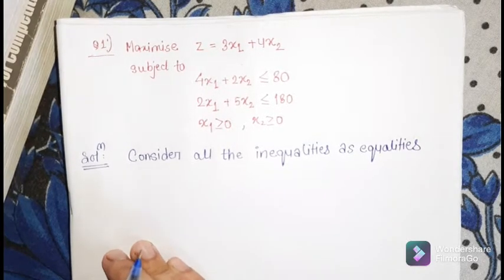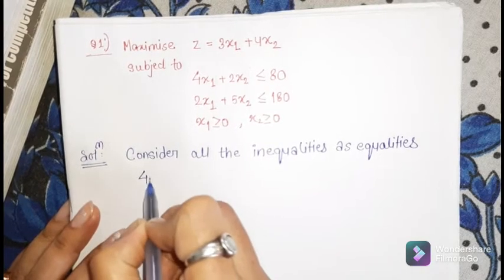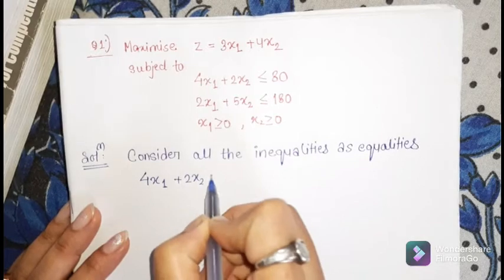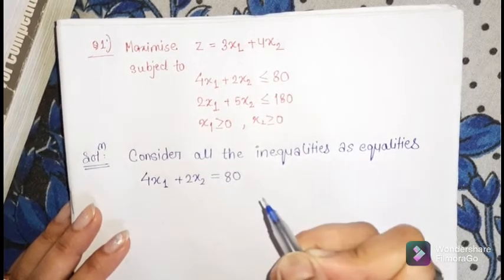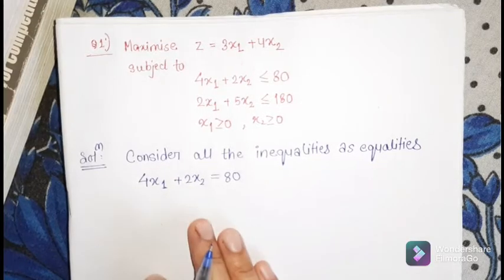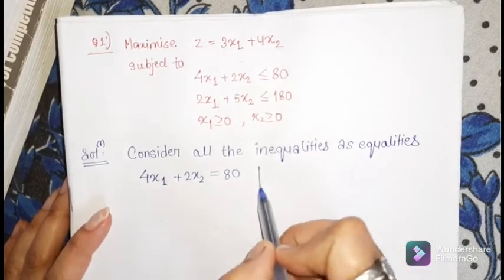So our first is 4x1 plus 2x2 equals 80. Now we have to solve. This is a normal equation in two variables, x1 and x2. We have to solve it for both x1 and x2.